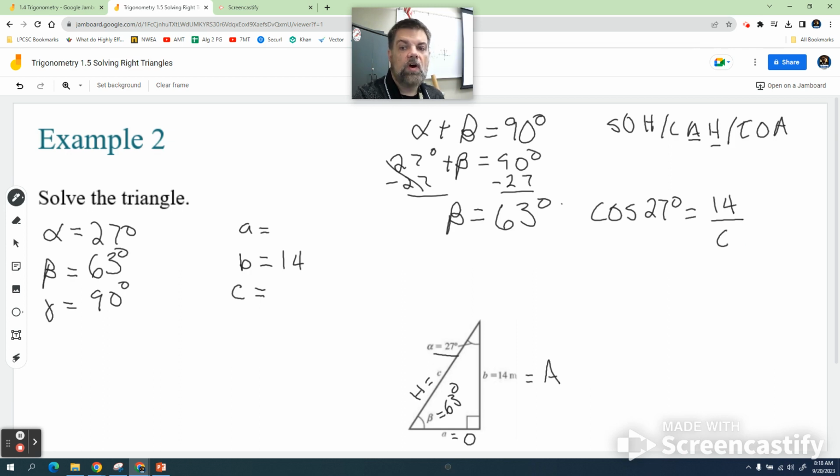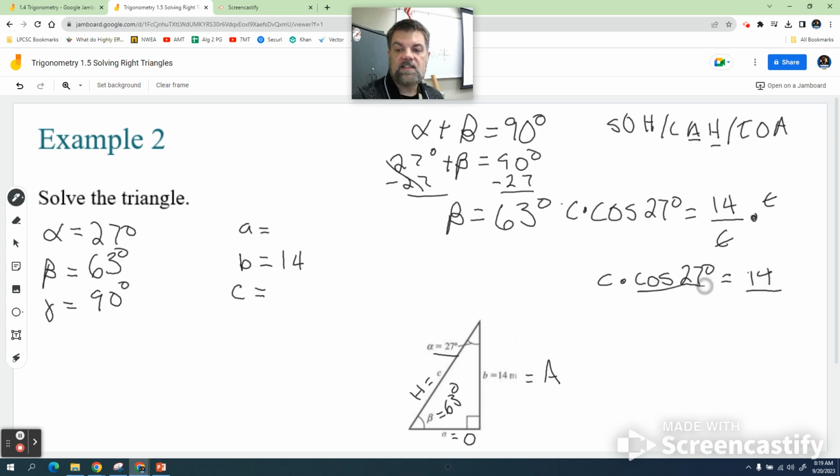Okay. Well, cosine of 27 degrees is actually a number, so I can solve. First thing I need to do is move this C out of the bottom of this fraction. So I'm going to multiply by C over here, but whatever I do on one side of the equation, I have to do to the other. These C's cancel, and I get C times cosine of 27 degrees is equal to 14.